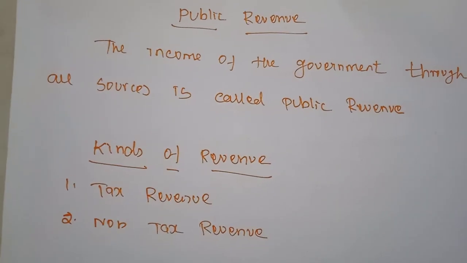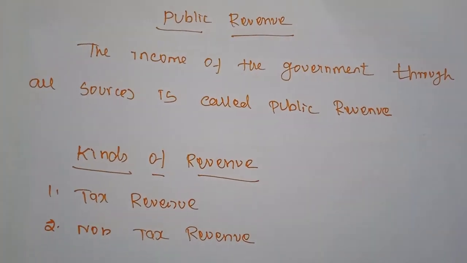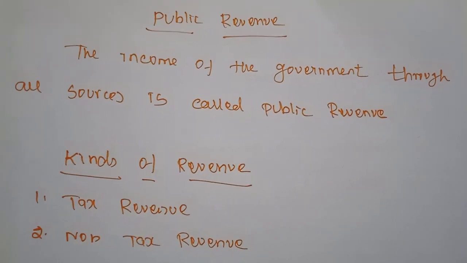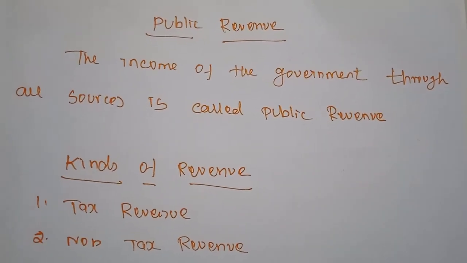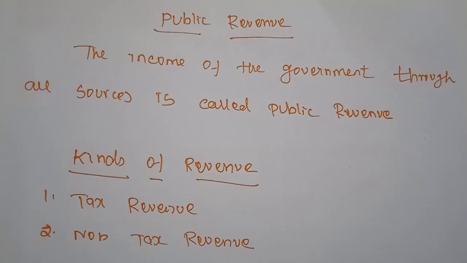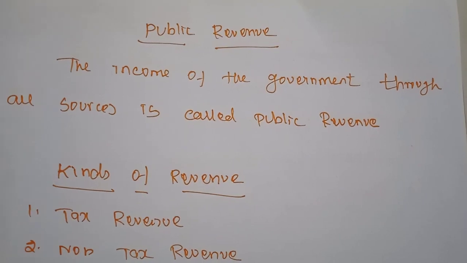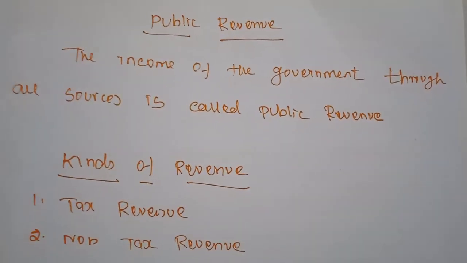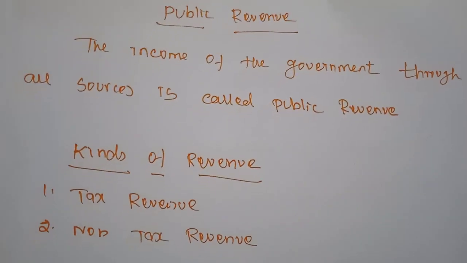Public revenue occupies an important place in the study of public finance because, as we have already studied, modern states have many responsibilities. So in public finance, we must study public revenue: what the sources are and what methods there are for the government to earn income.